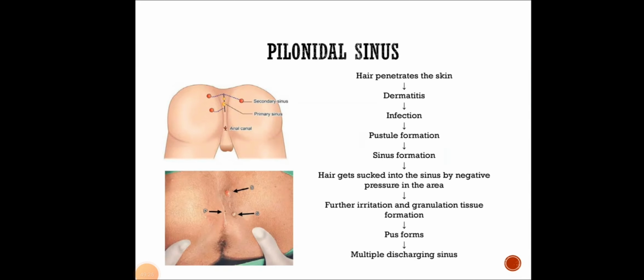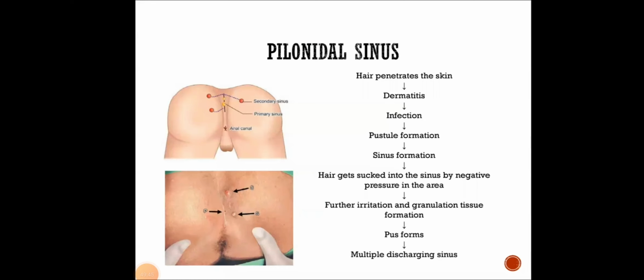When we open the sinus, a tuft of hairs will be present. Then there is a chance of recurrent infection and abscess formation. Finally it will burst open, presenting as a recurrent sinus with pain, discharge and discomfort.